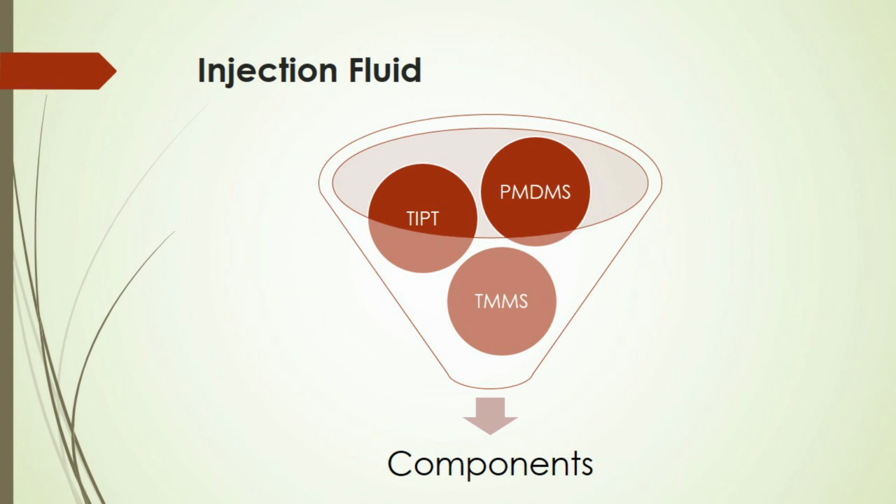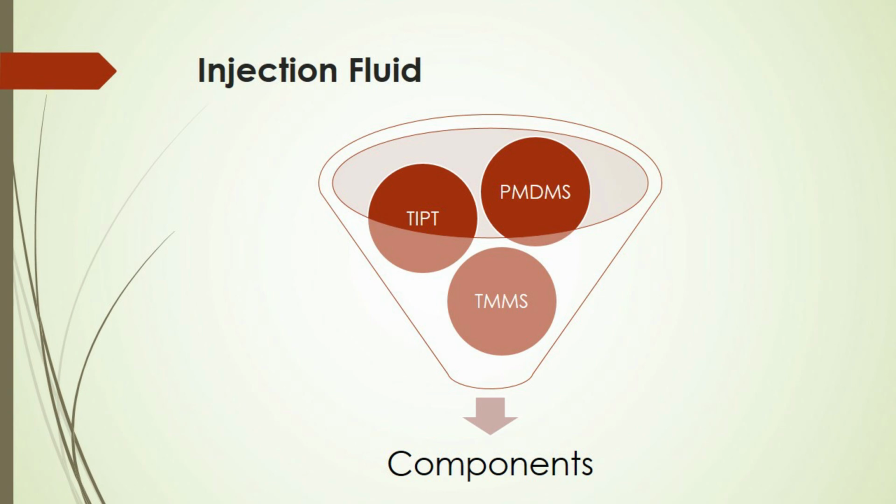Due to its strong reactivity with water, the PMDMS was already used in the first generation silicone-based injectable rejuvenation cable fluid. Now, the TIPT was utilized as a catalyst during the condensation stage in addition to the PMDMS to enable cross-linking of the injectable fluid at low weight fractions.